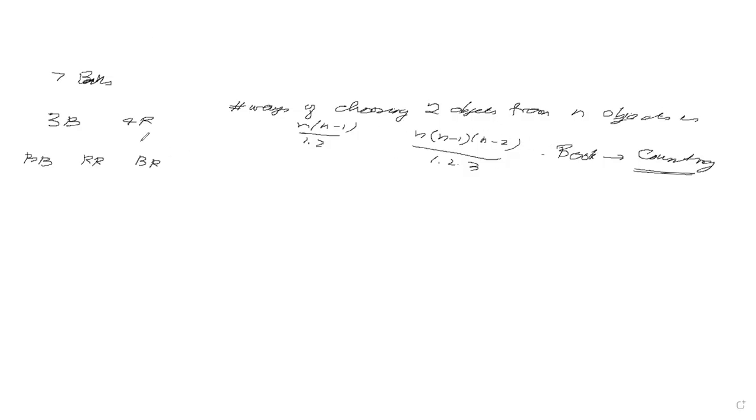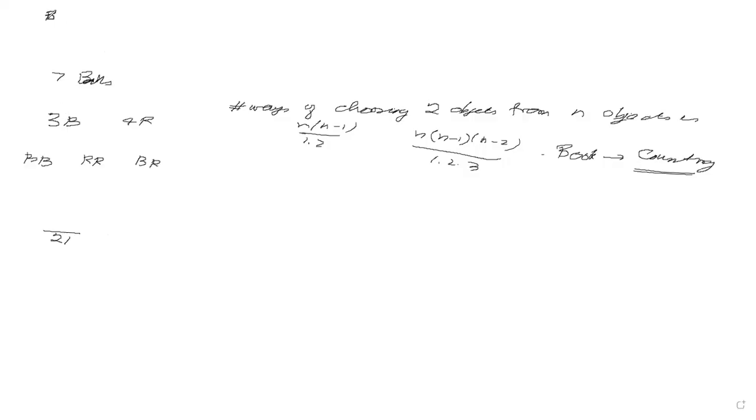So the number of ways of choosing 2 balls from 7 balls is 7 times 6 divided by 2. So that's 21. Right? That's the total number of ways in which you can choose balls. The number of successes, now watch. The 2 balls can be chosen from 3 balls.